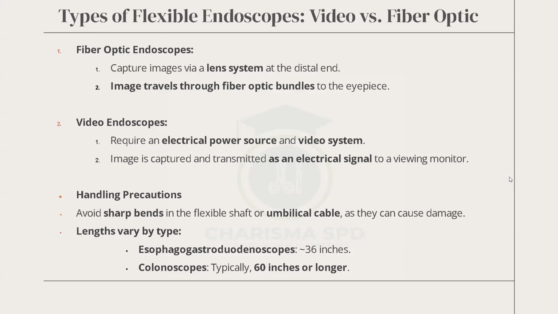So, video versus fiber optic. Fiber optic endoscopes capture the image via a lens system at the distal tip. The image travels through fiber optic bundles to the eyepiece. With these you need a camera. You have the rigid scope, you mount a camera on it, then you add a light source.